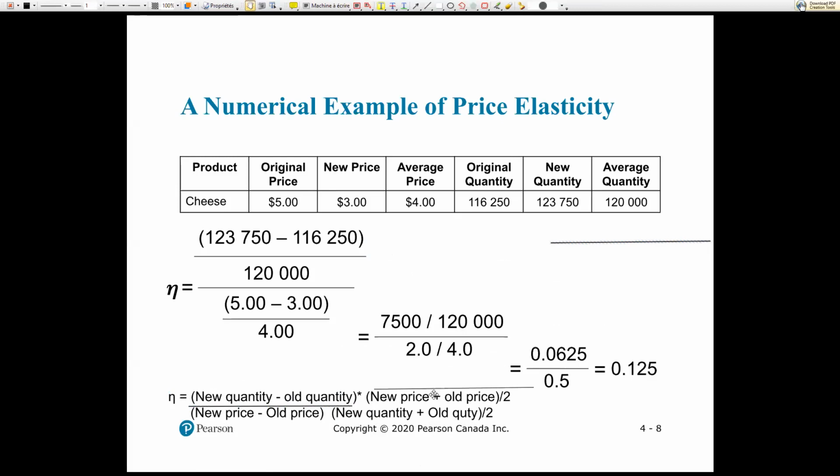Sure, I have a question. Yeah, go ahead. You see new price minus the original price. Shouldn't it be 3 minus 5? Where are you? It should be new price minus old price, so new price 3 minus old price 5.